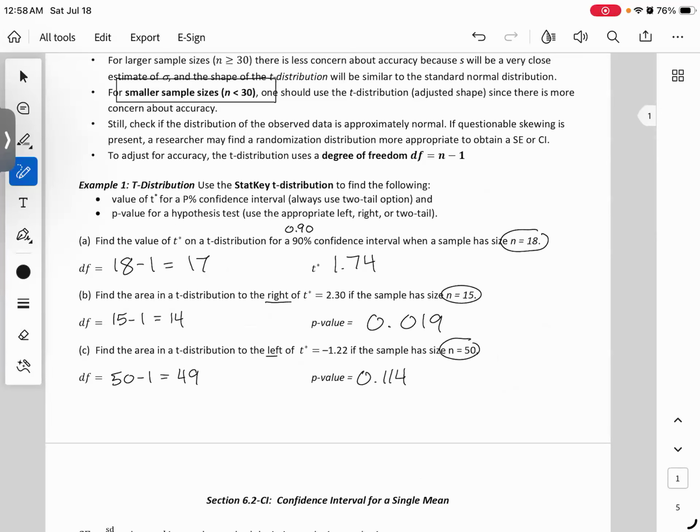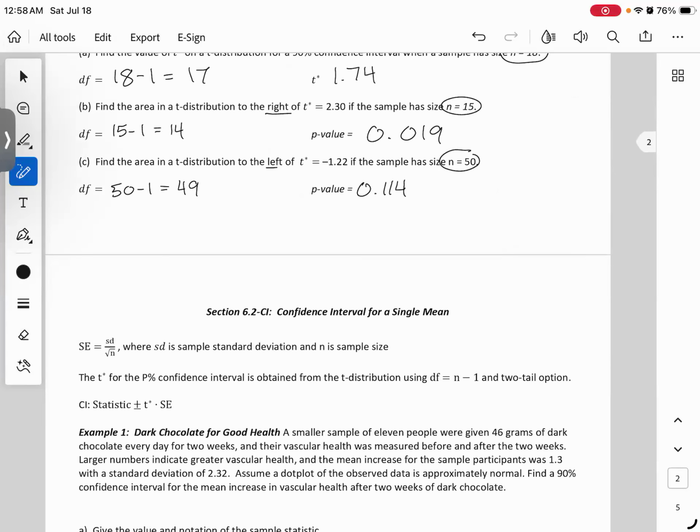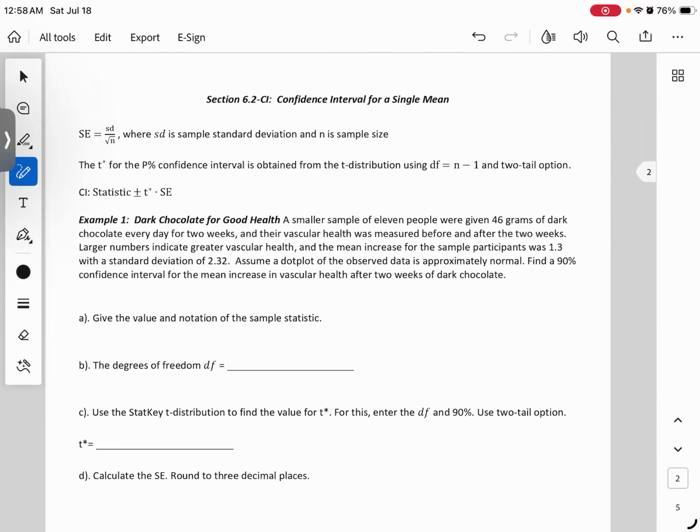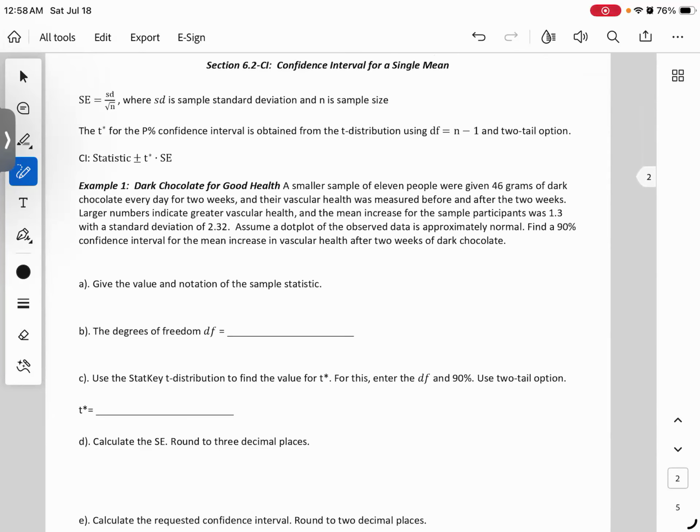Okay, so all I was doing right there in example one was a short little intro to how to use the T distribution, and what we're going to be using it for. Let's go ahead and use it now in an example.